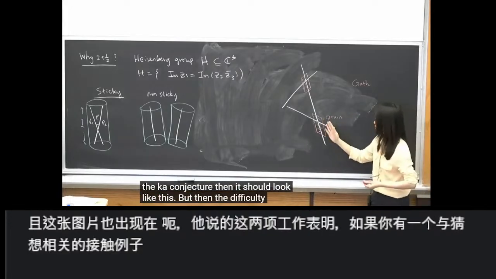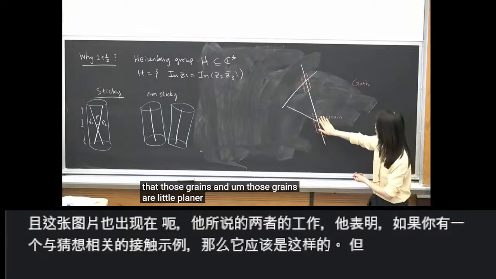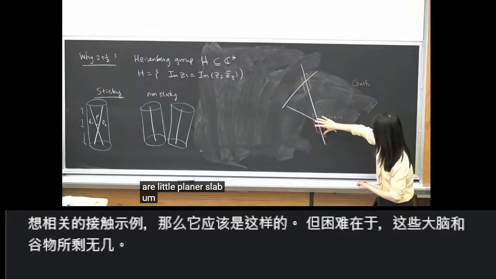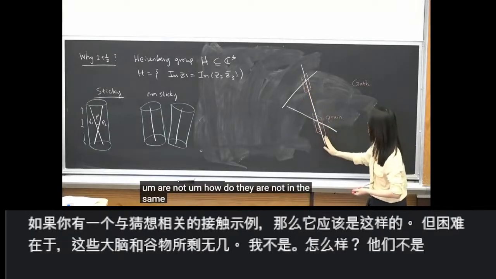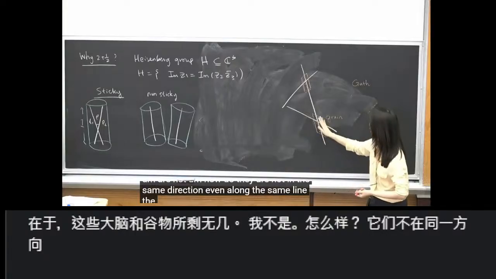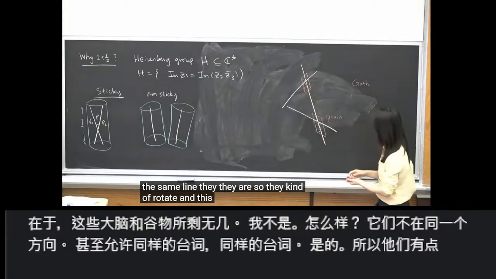But the difficulty is that those grains, little planar slabs, are not in the same direction, even along the same line. They kind of rotate, and this is the difficulty.